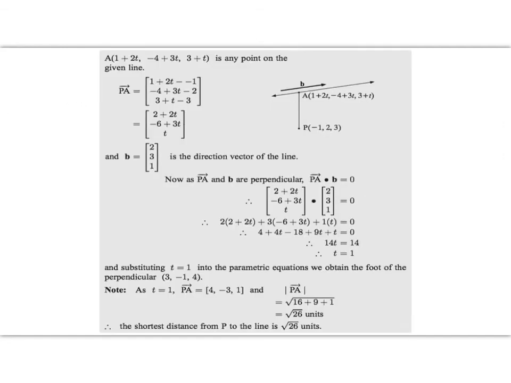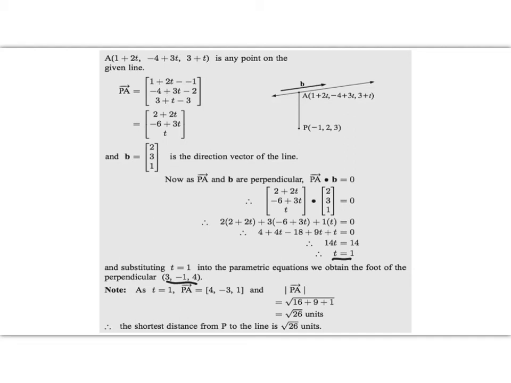All right, so hopefully you got that t was equal to 1 when you found where the dot product of your two vectors equals 0. And then when you plug that back into your equation to get the foot of the perpendicular, the line is perpendicular and the point is 3, -1, 4.